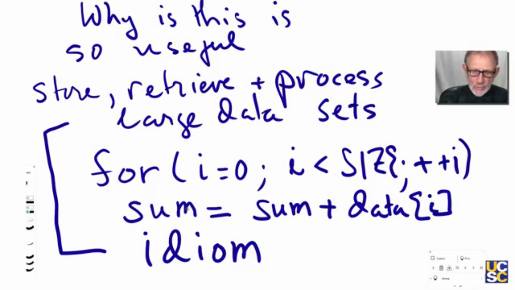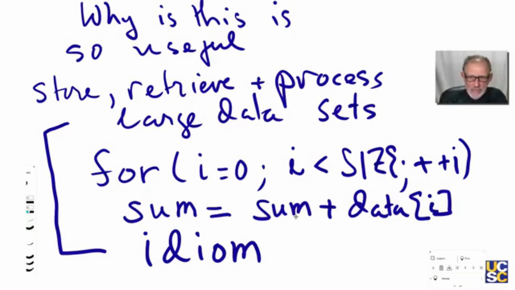Turns out we're doing a calculation here. We're summing. We're going to take the sum, it's the old sum plus whatever is in data[i]. So by the time we get through that, we have added up all the data in that collection. Maybe we want to use it for an average, maybe we have other reasons to want to use it. But this doesn't matter.